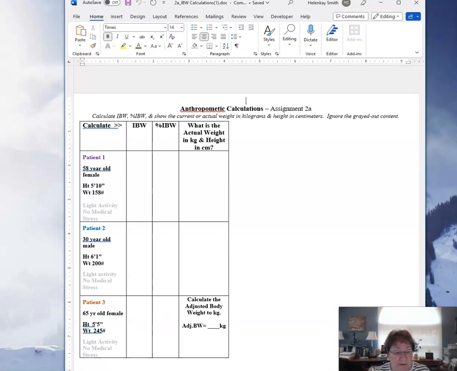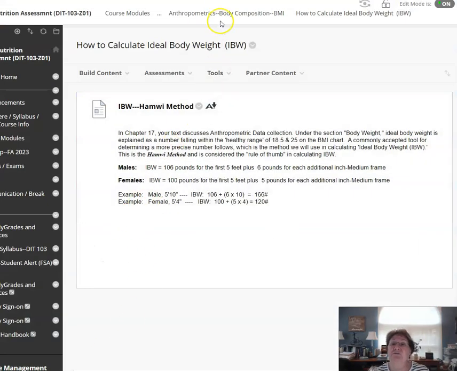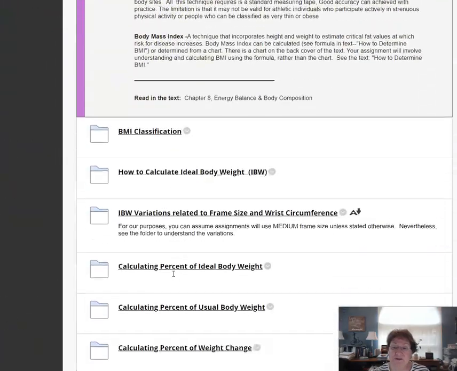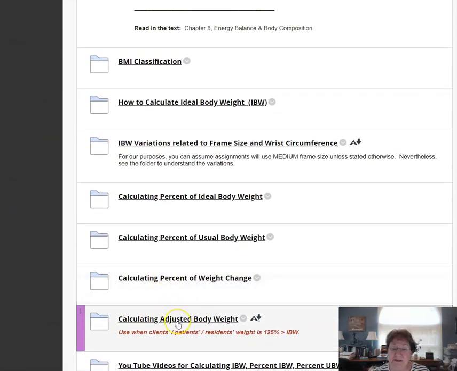Let me go back to our folders and scroll down to calculating adjusted body weight. Again, this is when our patient or client or resident weight exceeds 125% of ideal body weight.